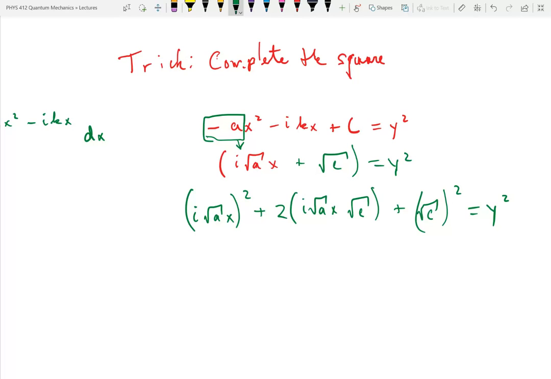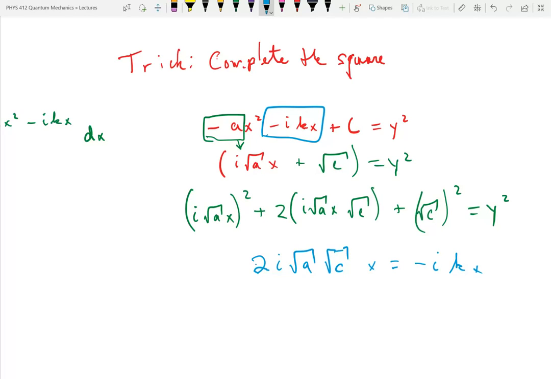And so what I had written was this here, 2i square root a square root c, and then I'll put my x, has to equal this here minus ikx. I didn't write the x's because I had an x in both terms.